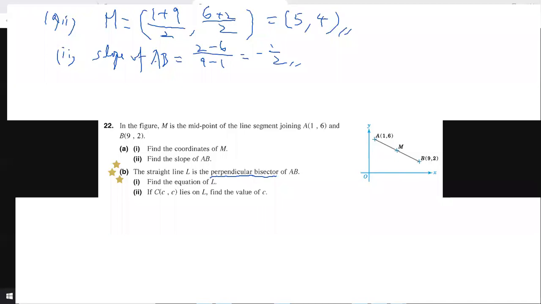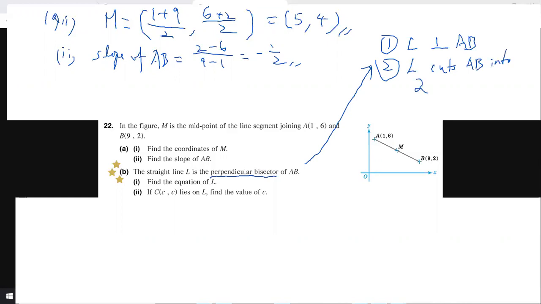Okay, and it means 1, L is perpendicular to AB. 2, L cuts AB into 2 equal parts.